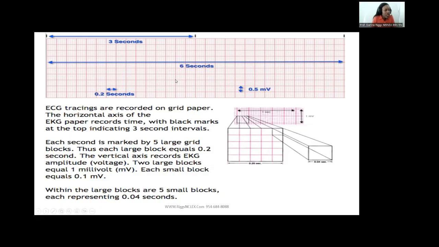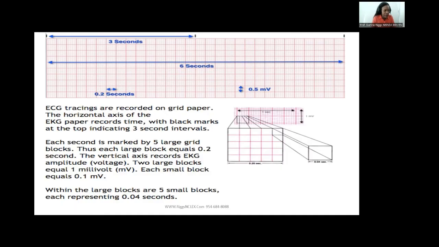If you look at this dark pink section, you can see my little cursor circling the dark pink. That big box, that's what it is. Inside this big box are 1, 2, 3, 4, 5 little boxes, and every little box is worth 0.04 seconds.